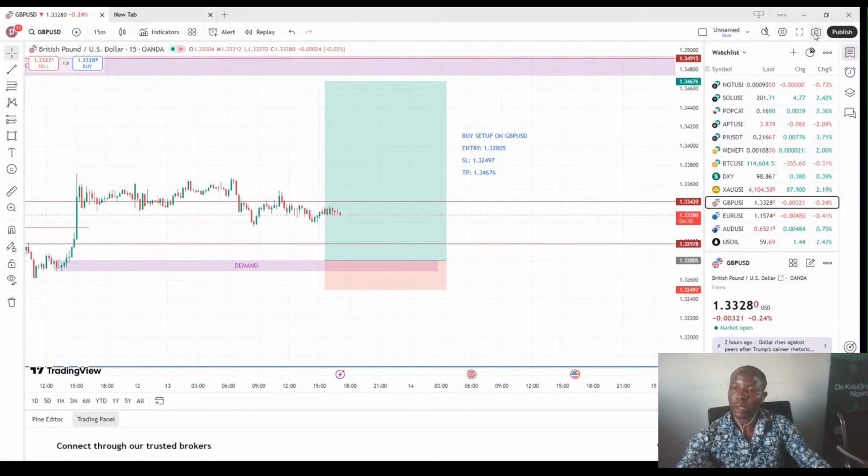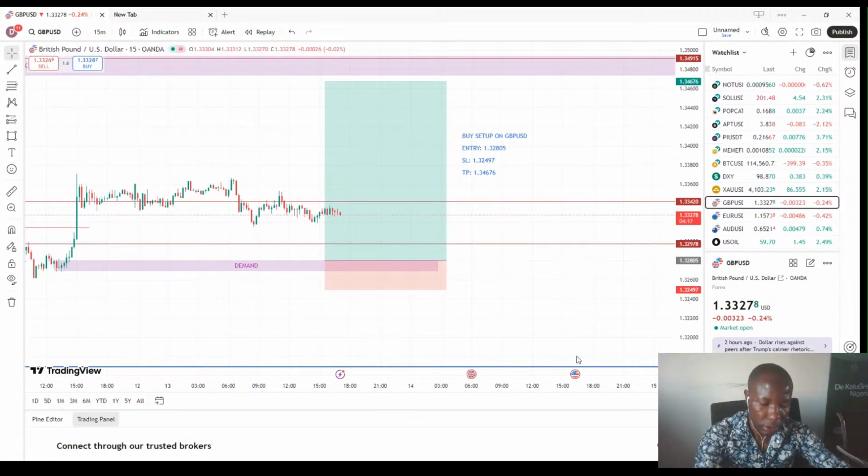I love this setup. Let me send it out. I will drop it in our group. GBP USD setup.